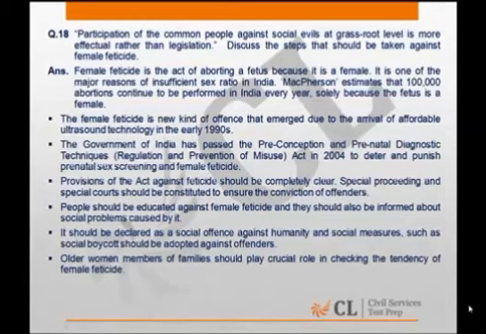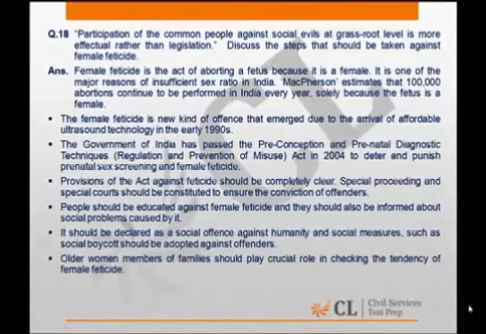But if he or she knows that female feticide is a crime, still he or she is doing it, then there is legislation. So the first stage to discourage this practice is social awakening and awareness about this social evil.